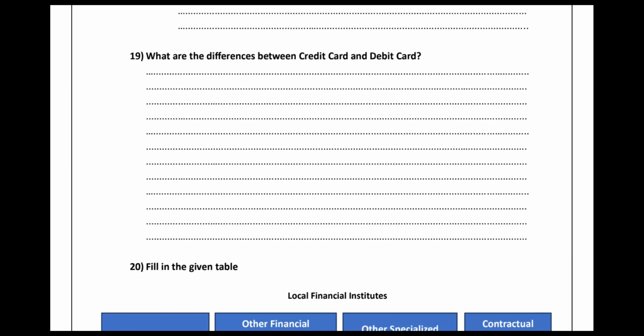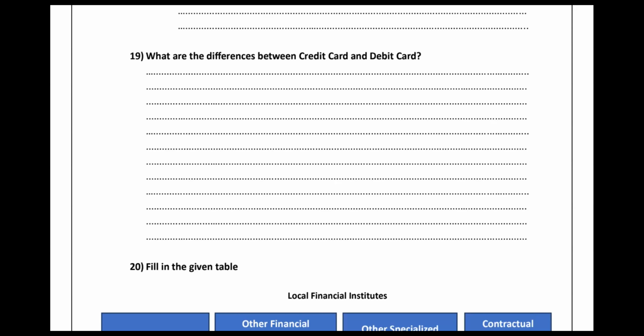And you should also have good credit records, that means the earlier payments you have made without any defaults. If you fulfill these conditions, you can apply for a credit card. It's not important for you to have a bank account. But for a debit card, a bank account is a must.